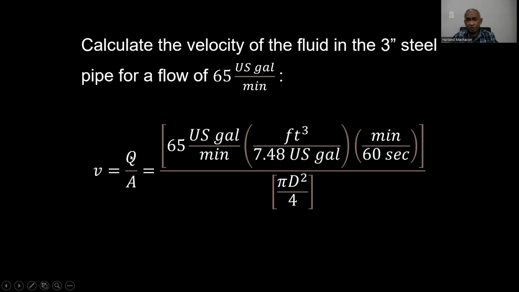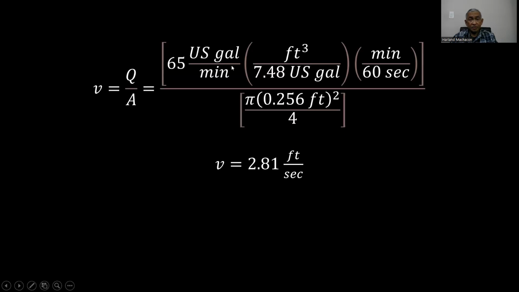So let us check whether the flow is turbulent if we set it at 65 US gallons per minute. For 65 US gallons per minute at a diameter of 3 inch, we do the calculations, the velocity will be 2.81 feet per second.